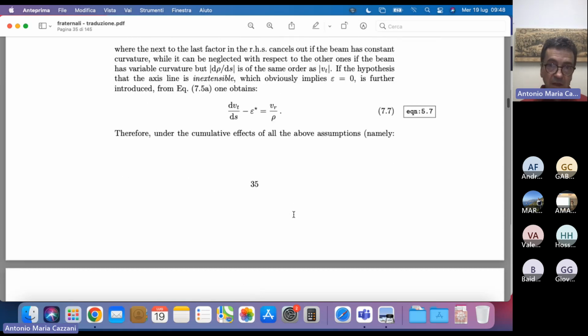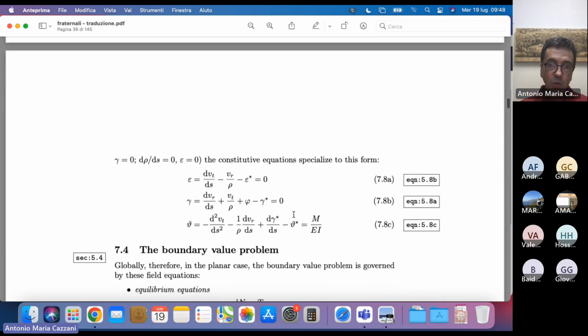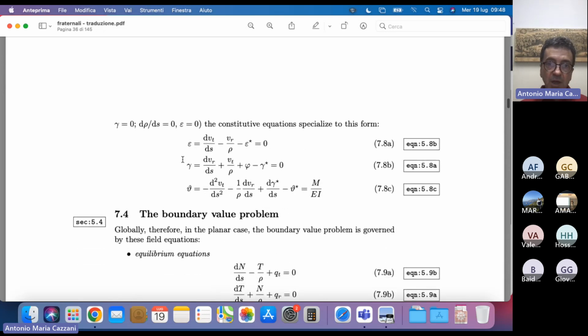So if we consider the effect of all these assumptions, we can arrive at these equations, and we see that if we assume that there is both inextensibility and the beam cannot be submitted to shear deformation, the first two constitutive equations are zero, in the sense that epsilon and gamma cannot be determined by the corresponding forces.